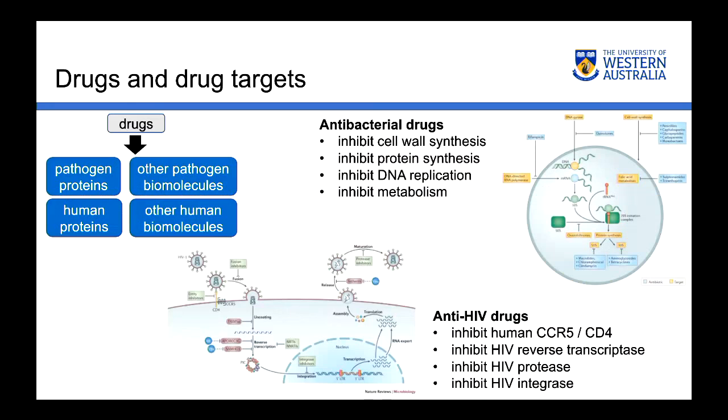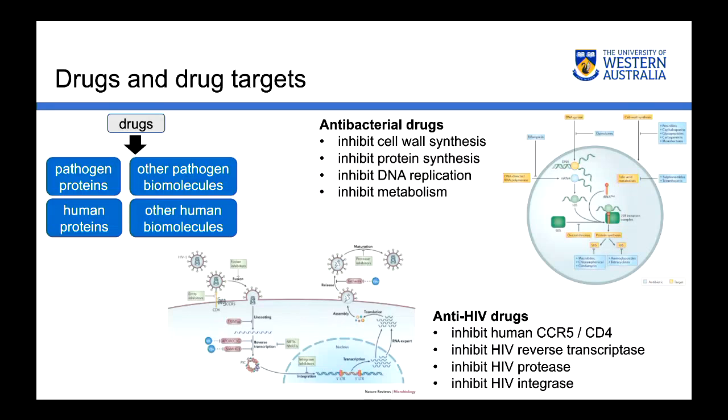So they illustrate that drugs can target both human or pathogen proteins. And you see these targets are all proteins. But you will find other examples elsewhere where the target is actually a biomolecule. This highlights the importance of proteins, whether they come from the pathogen or human. They are important drug targets.